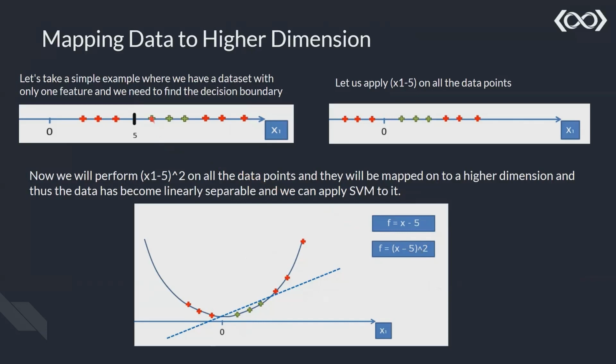So I took a feature and inserted it into my mapping function and found the value of my extra coordinate, that is my y coordinate. So basically I map into a higher dimension, and now you can see I am able to linearly separate the data. Whatever is to the positive of this line is red, whatever is to the negative of this line is green.